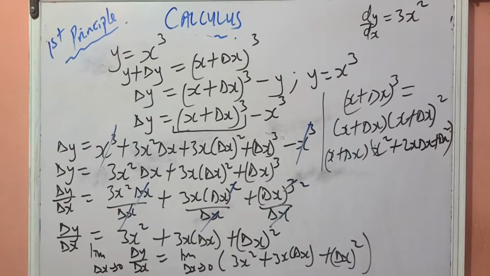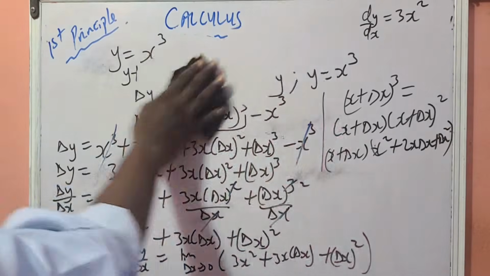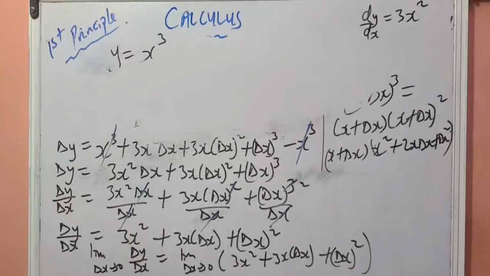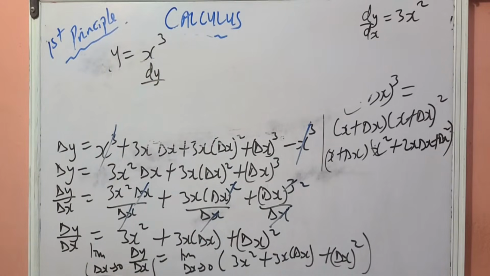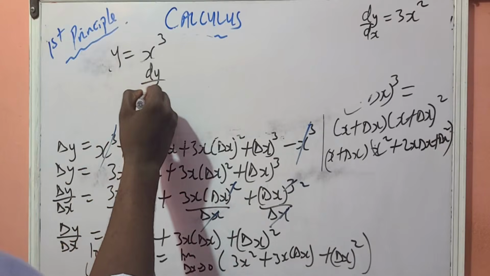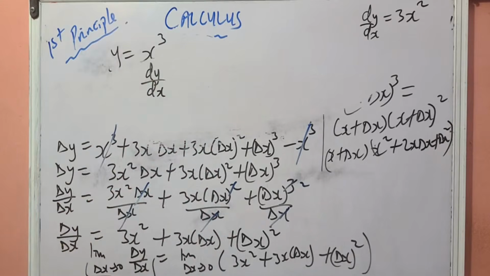If you fix in dx as 0 here, one of the things you are going to see is that this will go, because this will be 0. I don't think we need to always write that. I'm sure you guys can. This whole thing right here is what we'll be having as dy. So don't ask where our differentiation is. Taking the limit of change in y over change in x with dx tending to 0 is equivalent to differentiating. This is it, dy over dx.